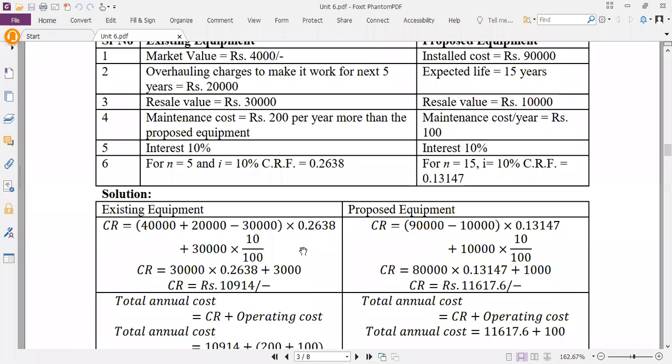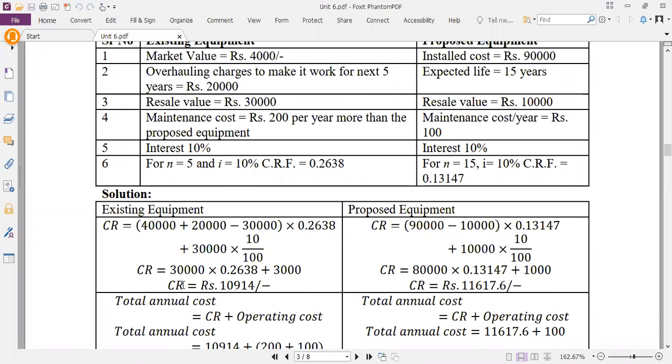Then the CRF factor, and L, the salvage value, that is the resale value 30,000, at 10%. For the proposed equipment, the installation cost is 90,000, and the resale value, that is the salvage value, is 10,000, into the CRF factor at 10%.